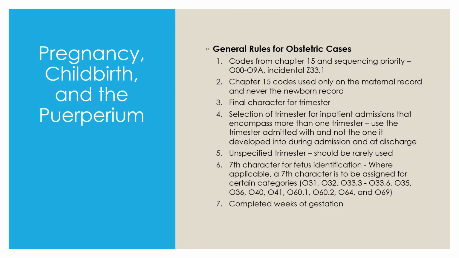If the condition developed prior to the current admission encounter or represents a pre-existing condition, the trimester character for the trimester at the time of admission or encounter should be assigned.